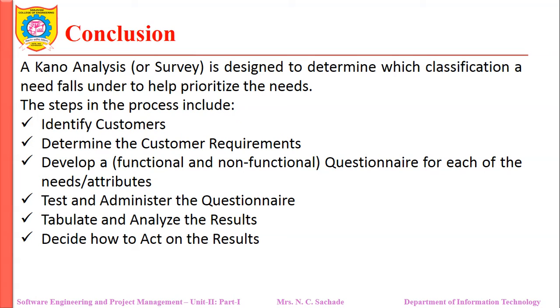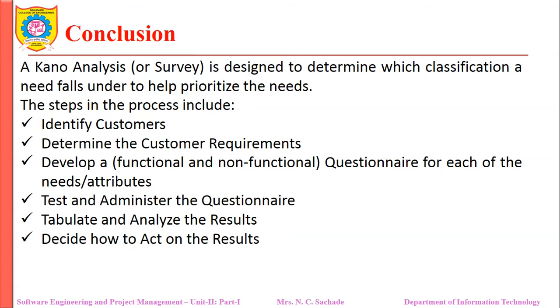What we have to do is identify customers, determine their requirements, and develop a functional or non-functional questionnaire for each of the needs or attributes which we want to build. Test and administer the questionnaire. Tabulate and analyze the results, and decide how to act on those results.